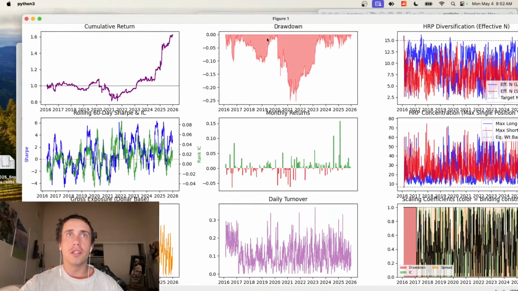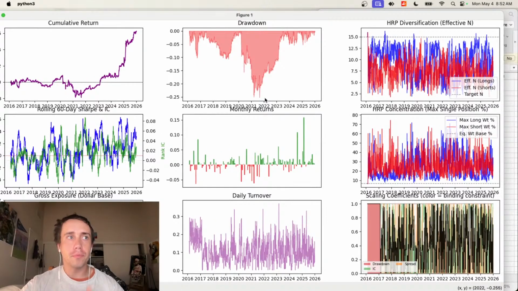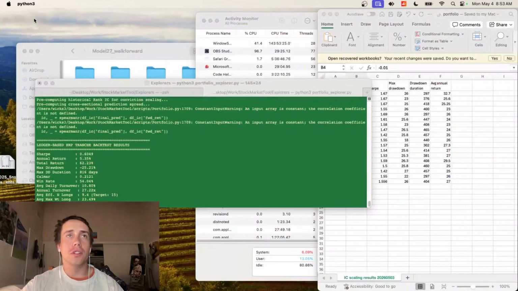So that's this portfolio. I don't even remember what I was doing. Lots of scaling though. It's scaling down a lot. Too aggressive on the scaling, I think.